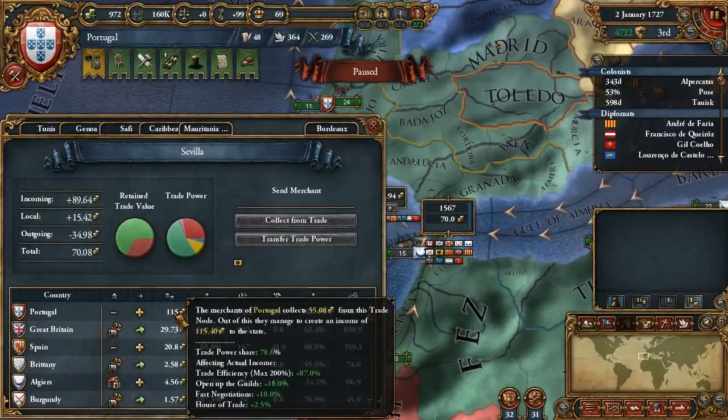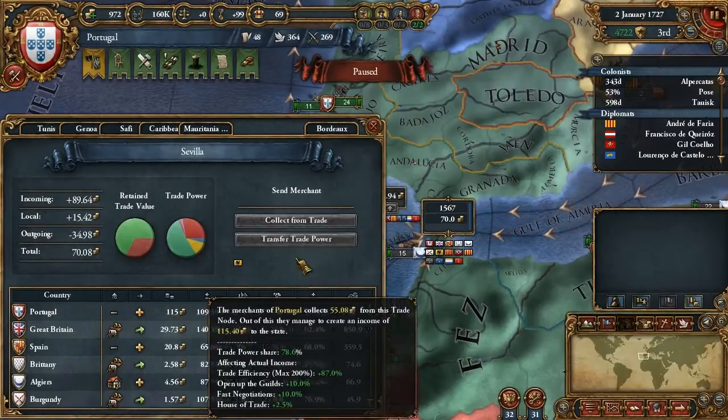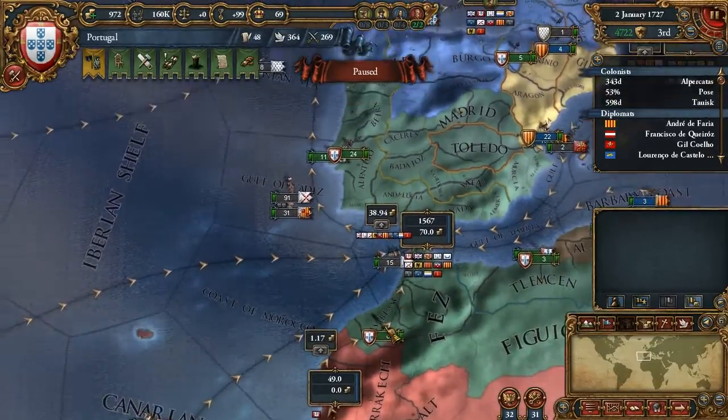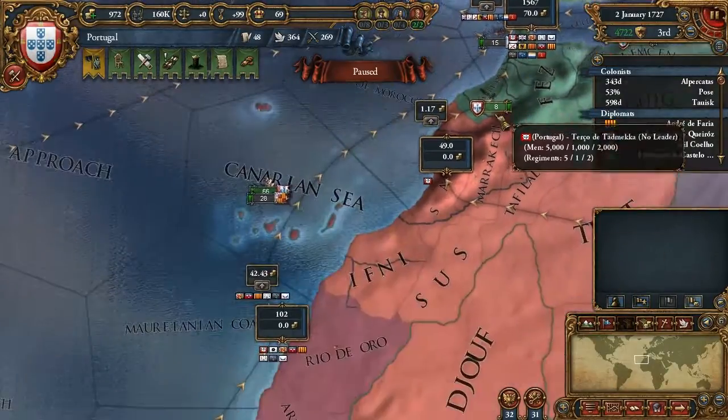This will also be affected by your trade efficiency. So the raw value will be multiplied by any modifiers you have, which are national decisions, events, and your trade efficiency. And that will determine how much money you make. So with the merchant you can collect or you can push.